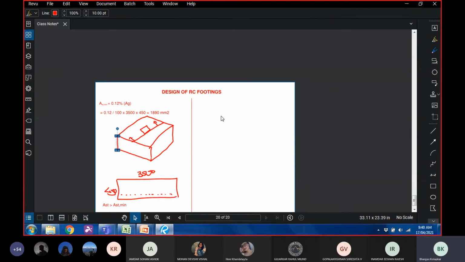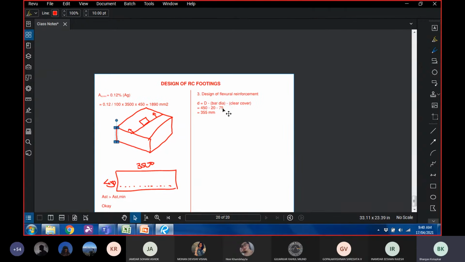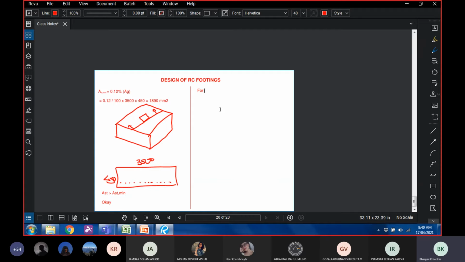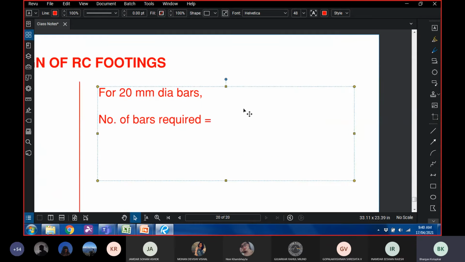So if we provide 20 mm dia bars, the number of bars required is, of course, the total area divided by area of each bar.